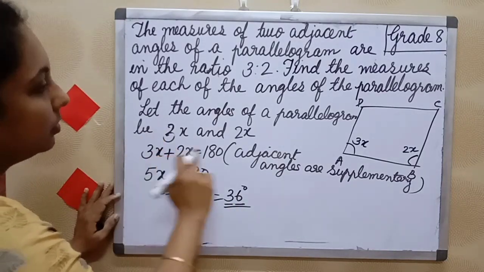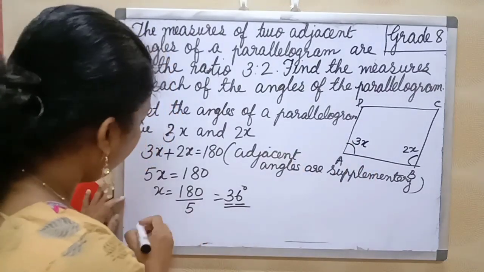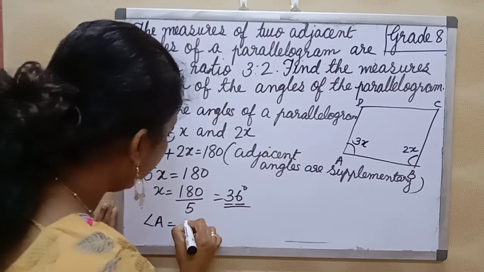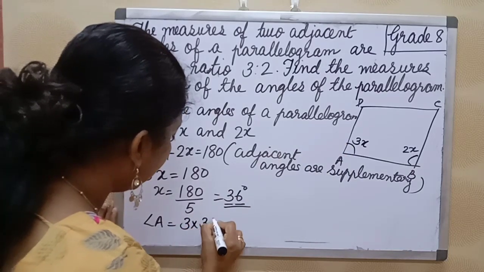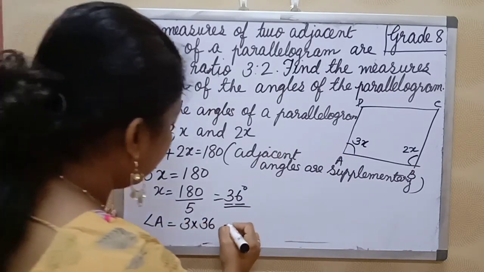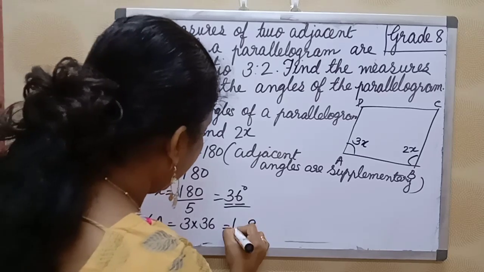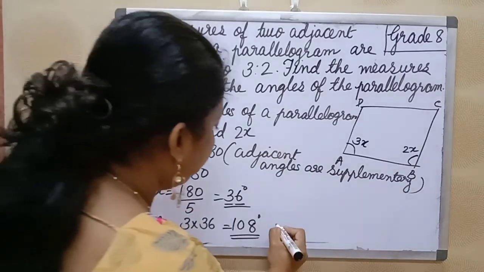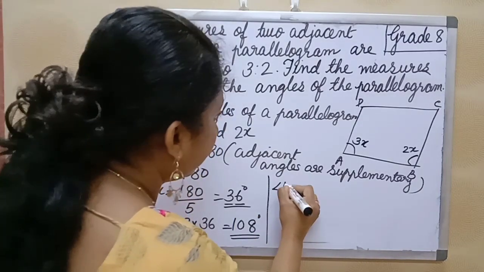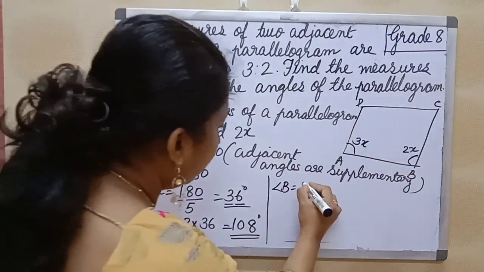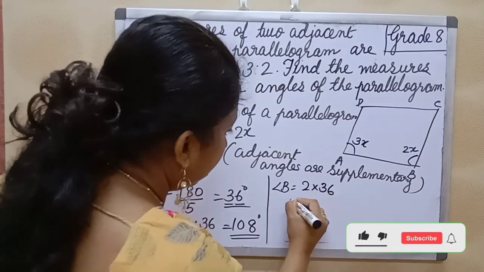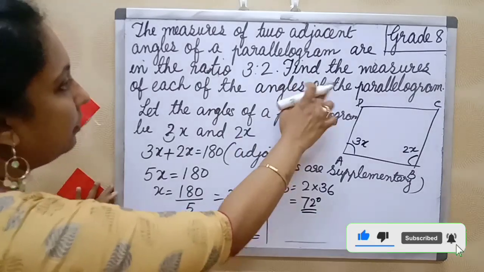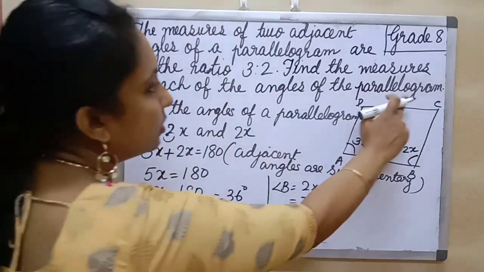Now, angle A, how can we find it? Angle A is one adjacent angle, 3 into 36, which is 108 degrees. Then angle B, the next adjacent angle, is 2 into 36, that is 72 degrees. Now we can find the measures of each of the angles of the parallelogram.